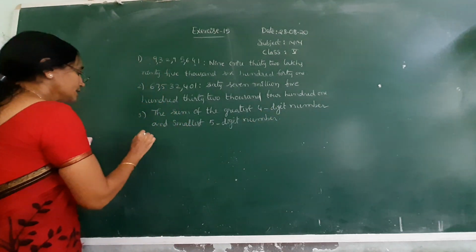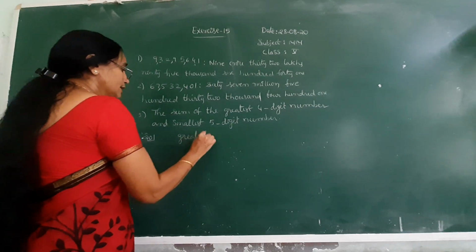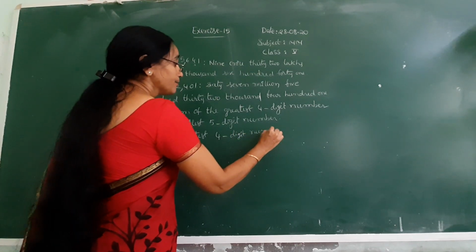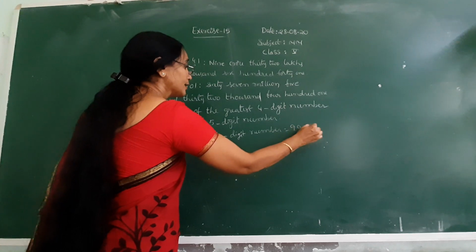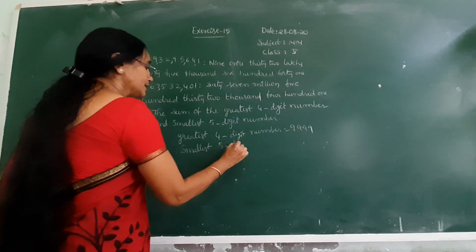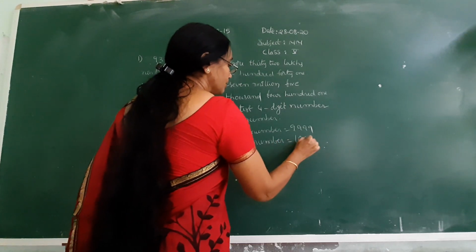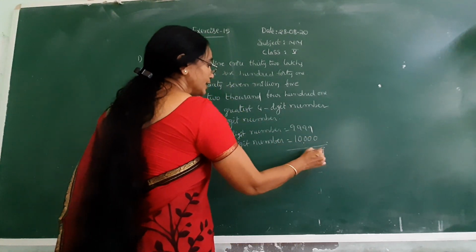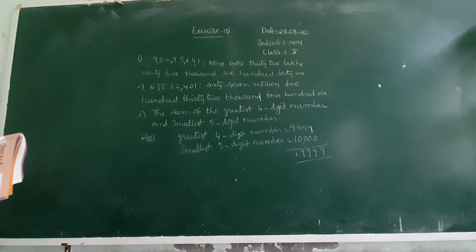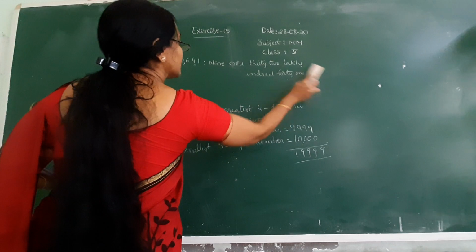See, greatest 4-digit number, you know it, you have to write greatest 4-digit number is equal to 9999. Smallest 5-digit number is equal to 1 followed by 4 zeros. You have to add these two. 10000 plus 9999 is 19999. That is the answer. Here they are asking to do the addition of greatest 4-digit number and the smallest 5-digit number.